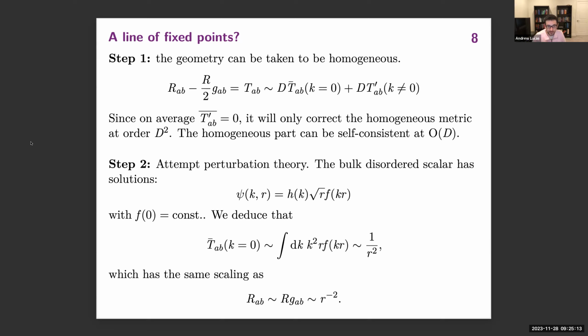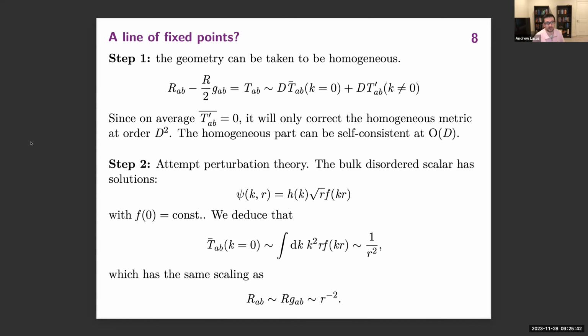So using this result, you can show that the homogeneous part of the stress tensor, which we've argued is the most important, scales as 1 over r squared, using the dr squared over r squared, et cetera, coordinates for AdS. And this turns out to have exactly the same scaling as the Ricci tensor and r times g.